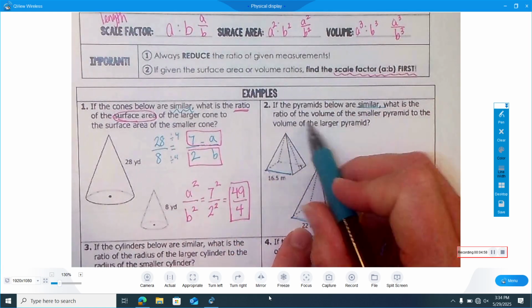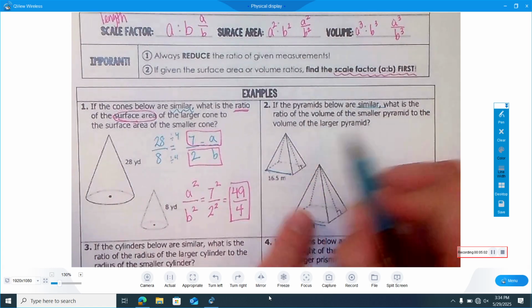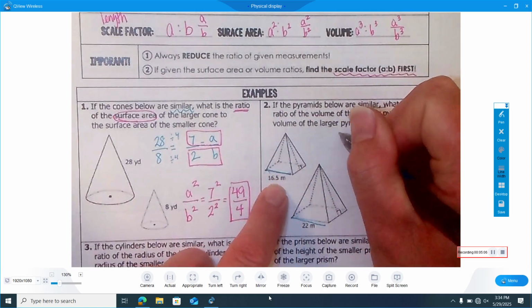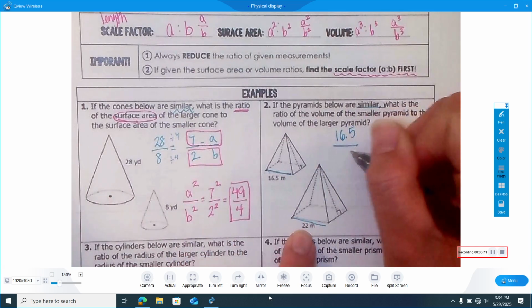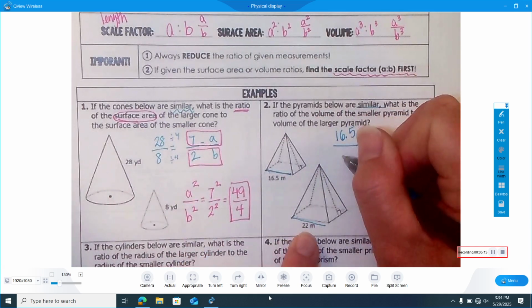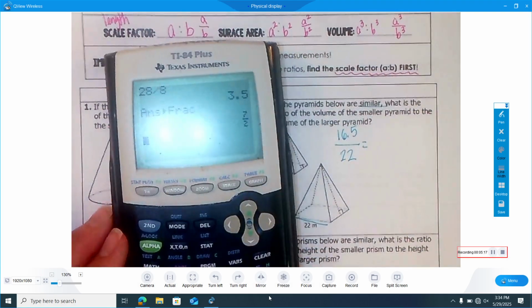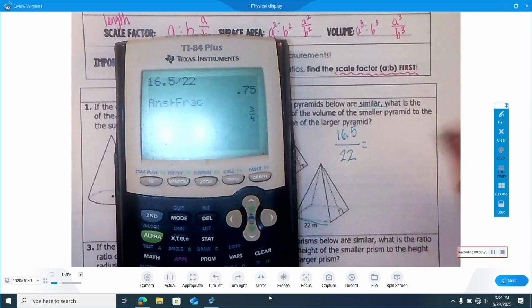We want to find the ratio of the volume of the smaller pyramid to the larger pyramid. So we're going to go smaller to larger. So I'm going to start with my 16.5 smaller length over the bigger length, 22. And again, I'm going to reduce that, 16.5 over 22, which reduces to 3/4.